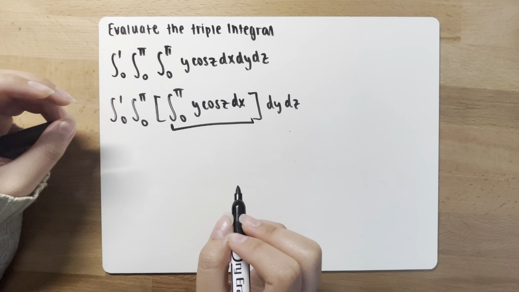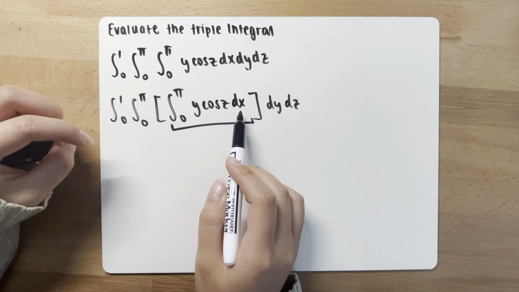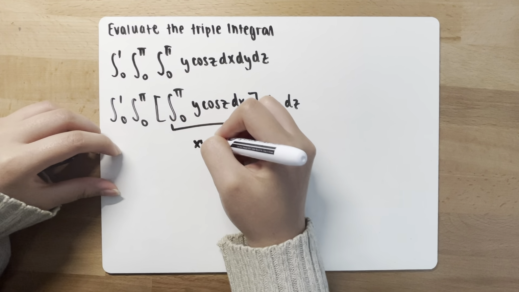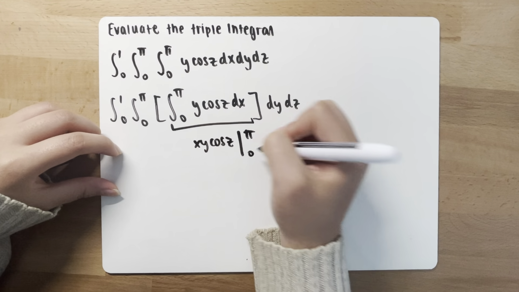When you evaluate an integral with respect to x, you treat everything else as a constant. So you would then have x y cosine z from the boundaries pi to 0.